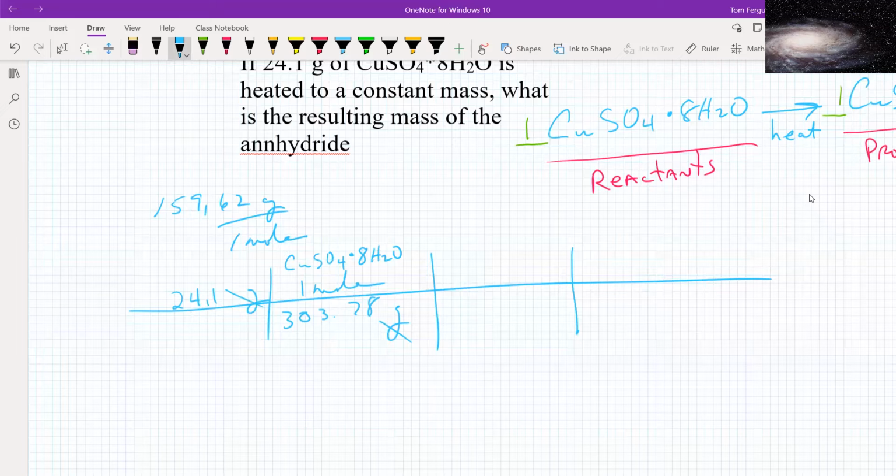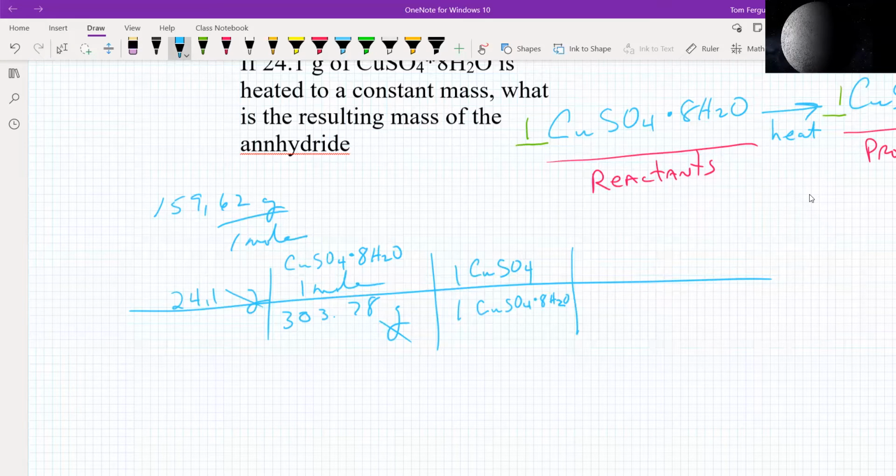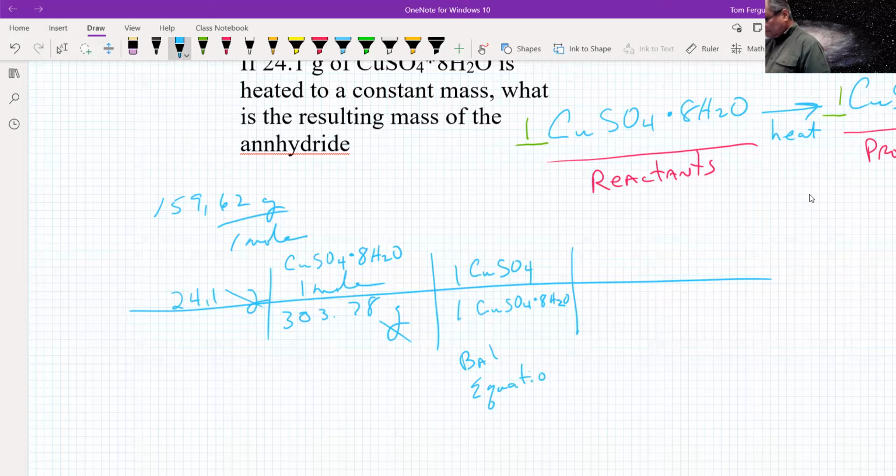For each hydrate, we get one anhydride. So that's a conversion factor right here. So we know the moles of one, we know the moles of the other. Now that comes from the balanced equation, and you can only get that from the balanced equation.